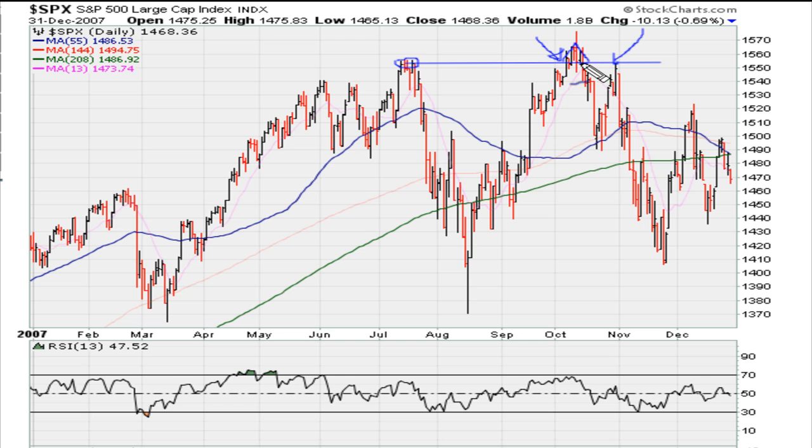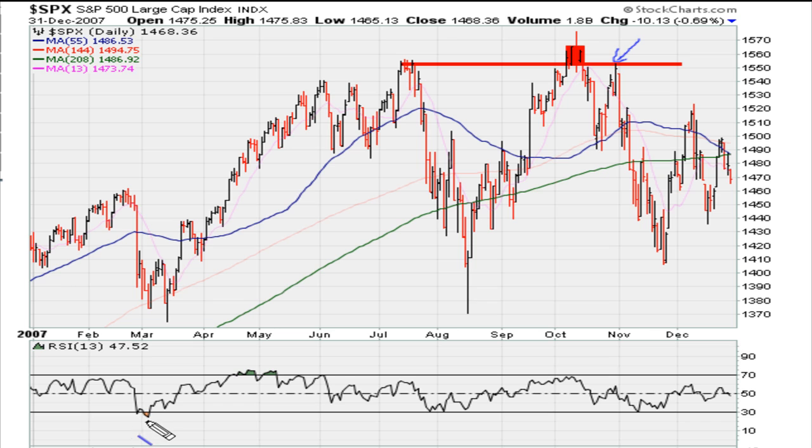So we broke down, came down, touched the 50-day moving average, bounced back to this general line, and got rejected. At that point, you realize that the market is running out of steam, and this is not a strong setup. Again, rejection here, failed breakout, and this also now turned into resistance.